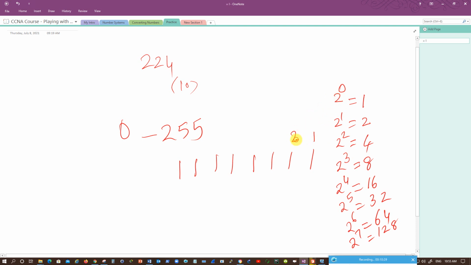I'll start from the right side and keep increasing this number: 1, 2, 4, 8, 16, 32, 64 and 128. I am looking for 224. So whichever number is meeting my requirement, I will take it as 1. Whichever is exceeding my requirement, it will be 0. 128 is needed in order to make 224.